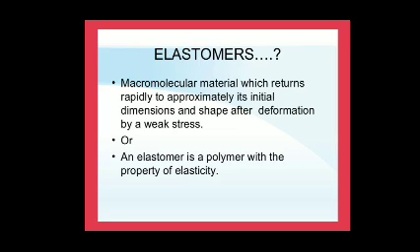Any man-made vulcanizable rubber-like polymer which can be stretched to at least twice its length, but when the stretching force is removed returns to its original shape, is called an elastomer.